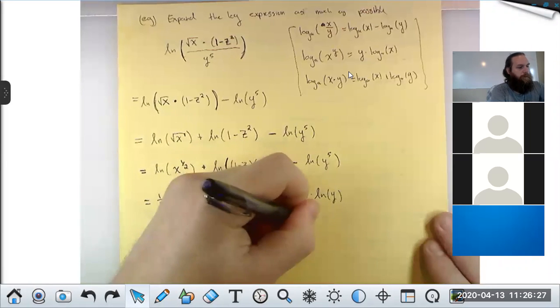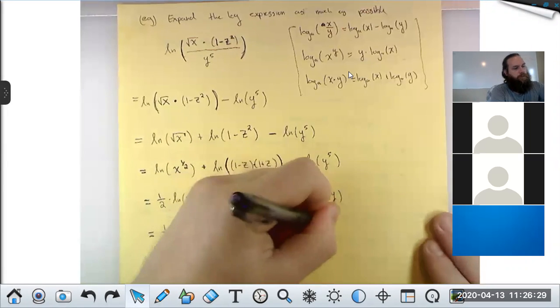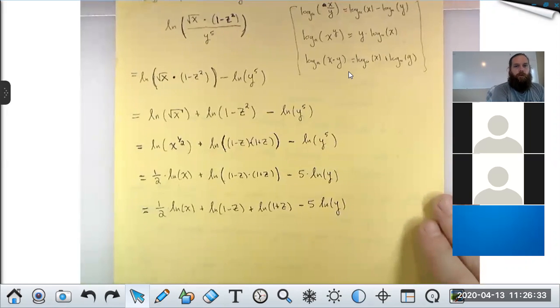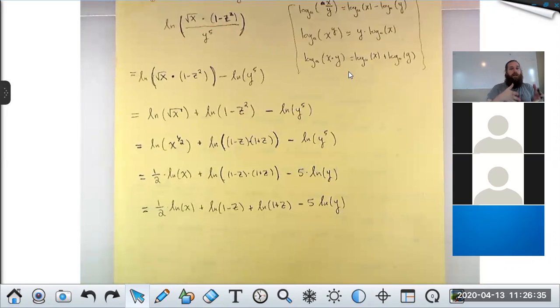And then finally, I have my minus 5 ln y. And if you're looking for a good problem combining logarithms, on a separate sheet of paper, write down this line and try to combine. See if you can get back to where we started.